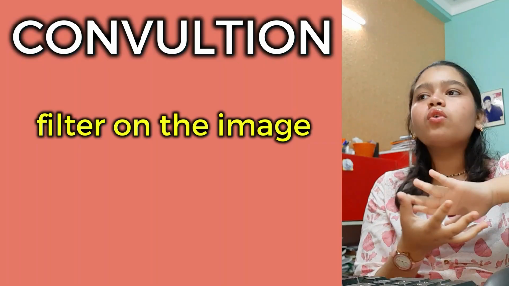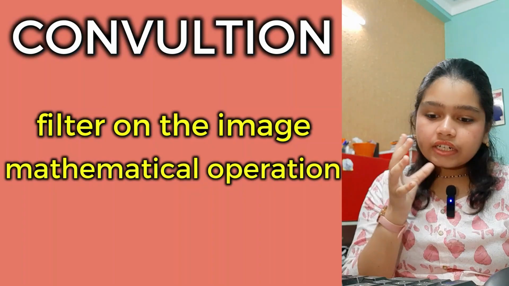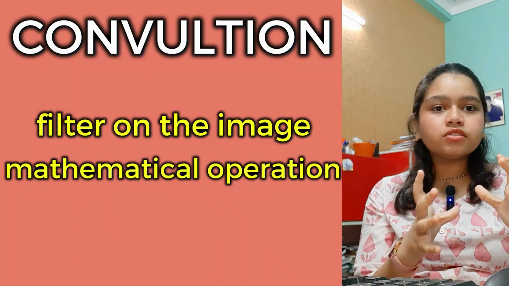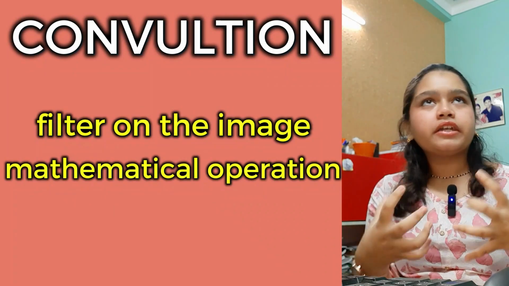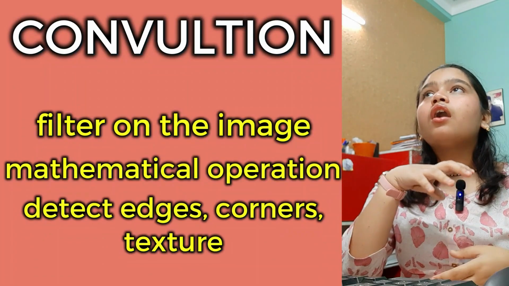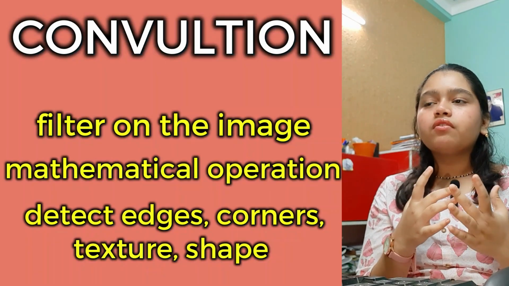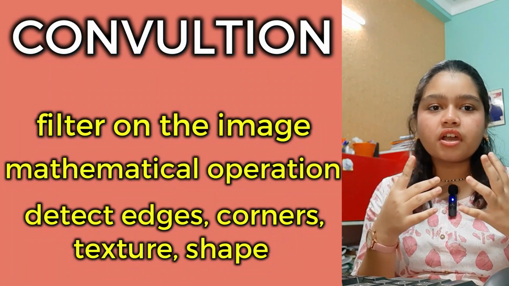Now we come to convolution. It is a filter over an image, which is a mathematical operation actually, and it is used to look at small parts of the image to detect patterns like edges, corners, textures, and shapes. In computer vision we have facial recognition.